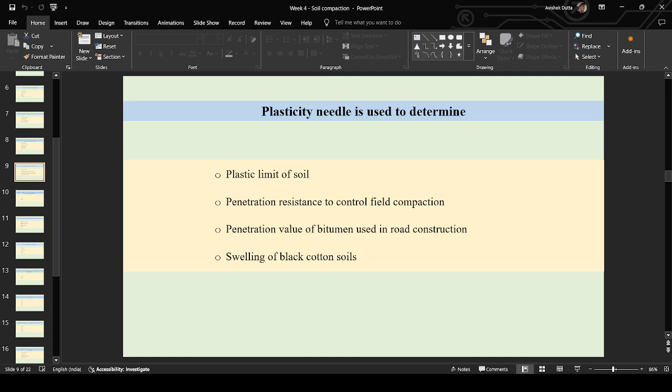Next question. Plasticity needle is used to determine: the options are plastic limit of soil, penetration resistance to control field compaction, penetration value of bitumen used in road construction, or swelling of black cotton soils.